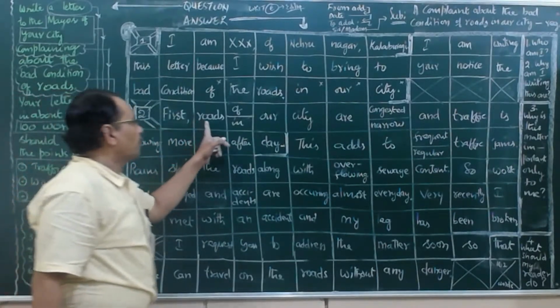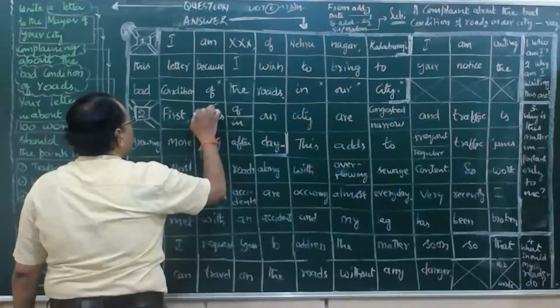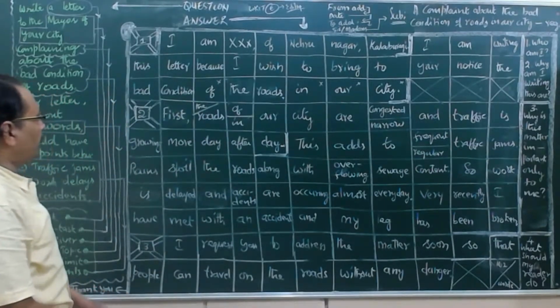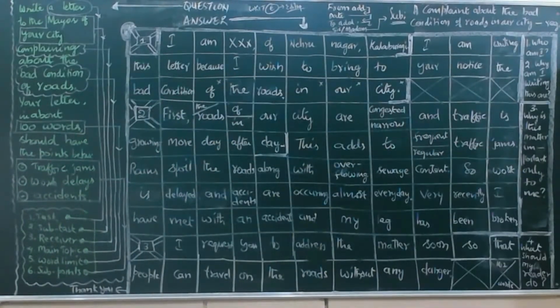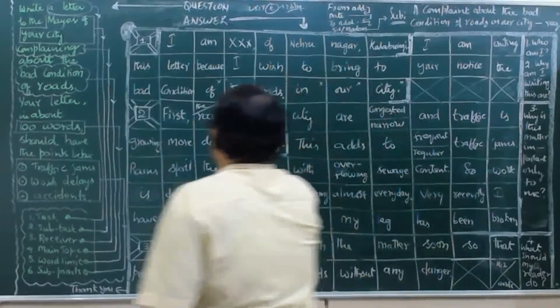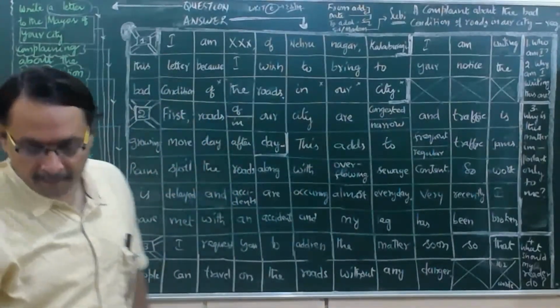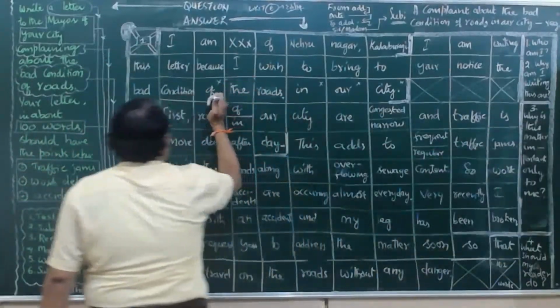So first, roads in our city is wrong. So you need to write. I am writing the correction here. First correction is first the roads of our city. Now here, let me clearly indicate to you that we are writing something additionally.